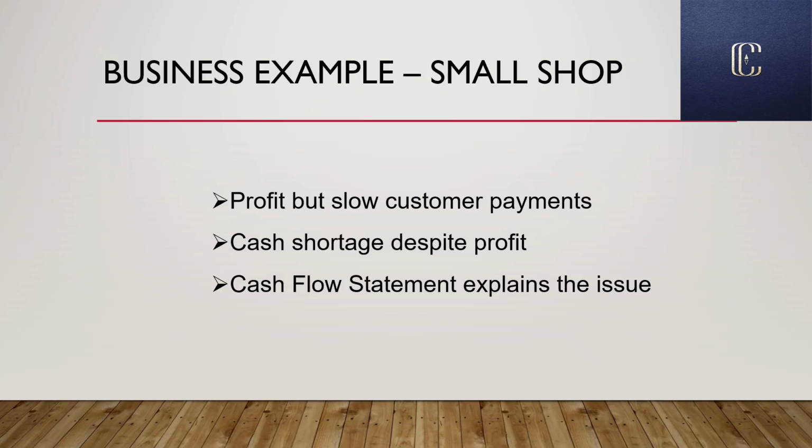Out of rupees 1 lakh sales, rupees 40,000 is received in cash, and the remaining 60,000 rupees is still unpaid by customers. But the accounts show profit because goods were sold, while actual cash received is only 40,000 rupees.